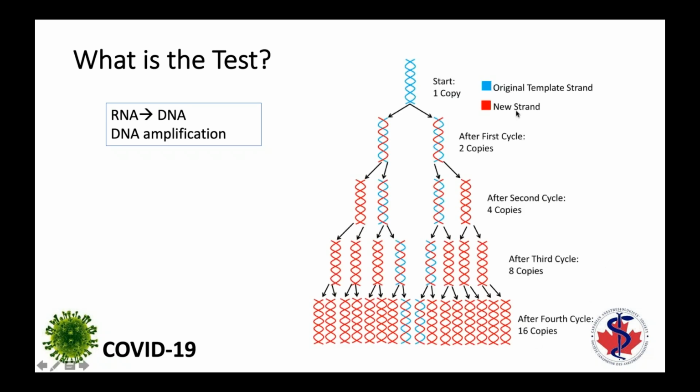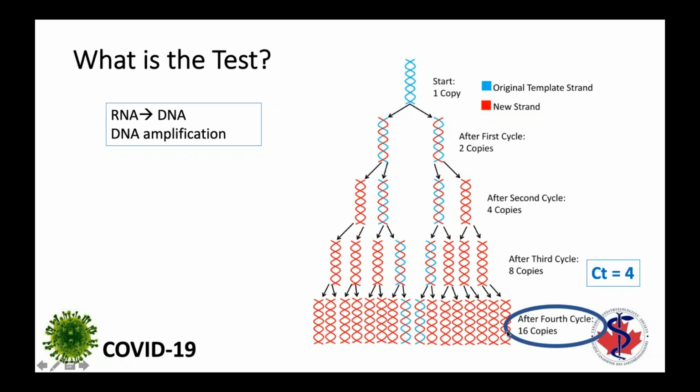And you've probably seen this in biology 100 or microbiology 100, where you start out with a DNA copy that gets multiplied after one PCR cycle, multiplied again after a second PCR cycle, duplicated again, and so forth. So each cycle of the PCR reaction, there's a doubling of the target DNA.